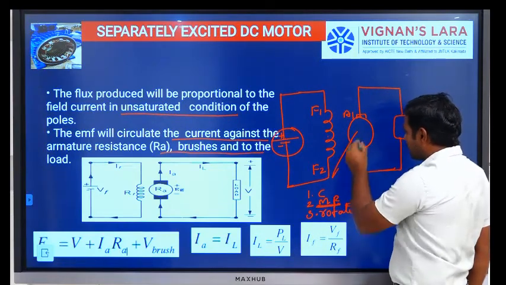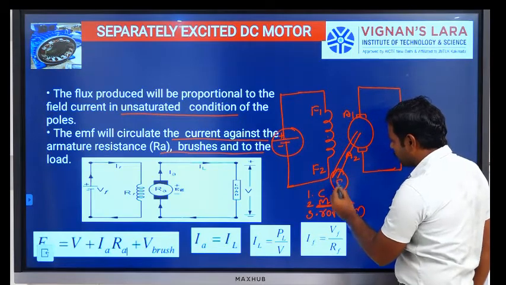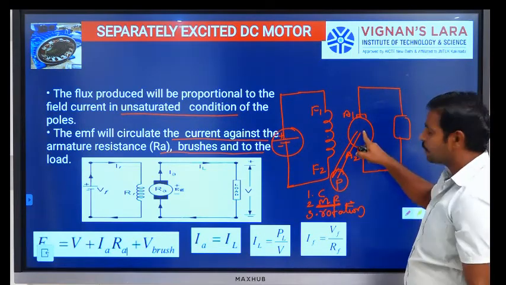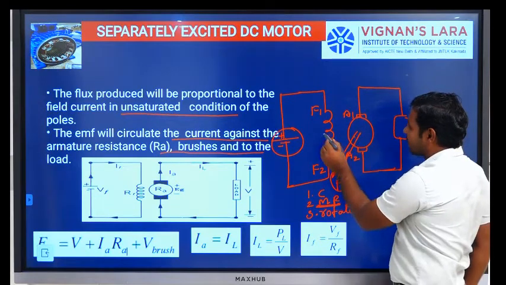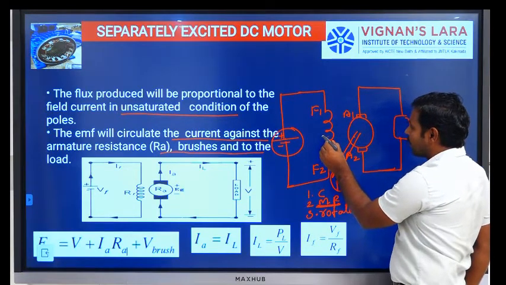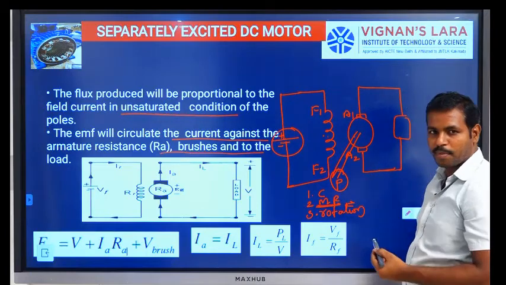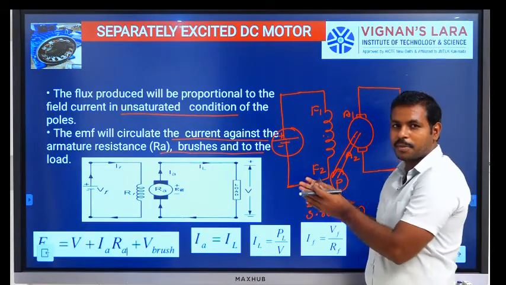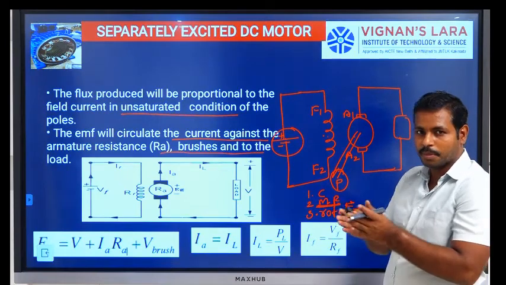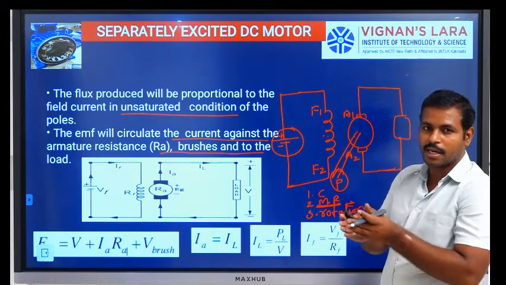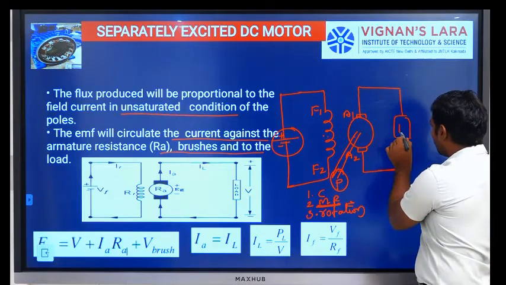By using a prime mover the rotor is rotated, so the rotor conductors cut the magnetic field and induce an EMF. That EMF is collected by the commutator, and through the brushes is delivered to the load.